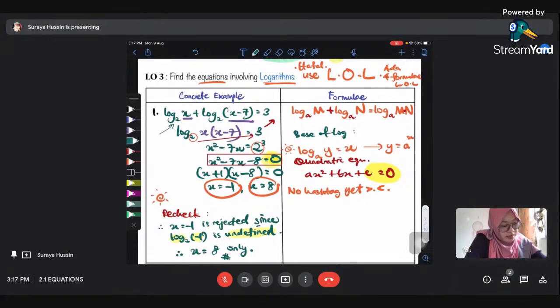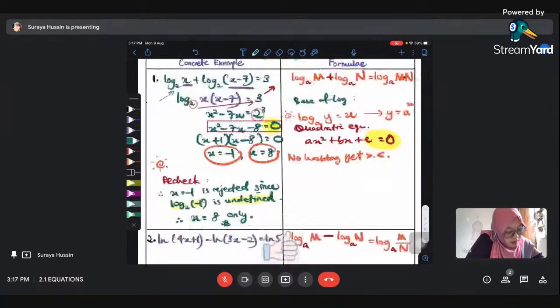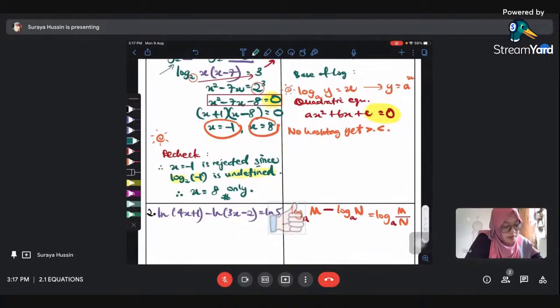Jadi, begitu sahaja. This is how easy your answer should be. Okay, x is equals to 8 only. Sebenarnya itulah cara memeriksa, cara untuk recheck log.